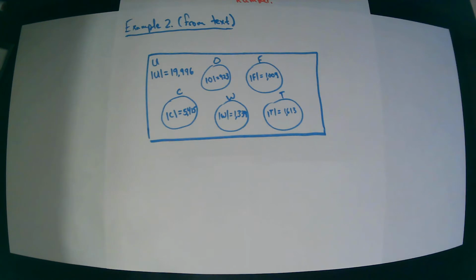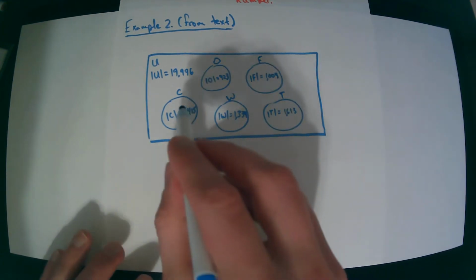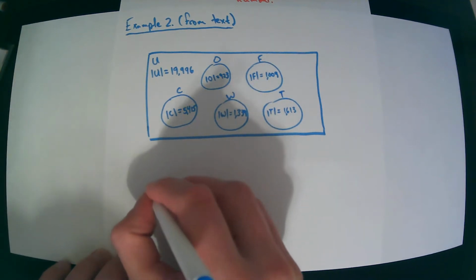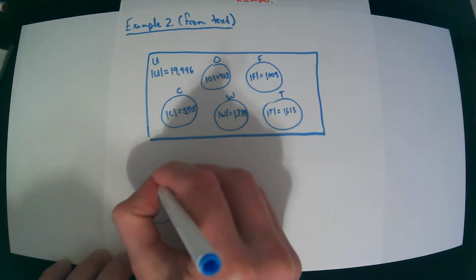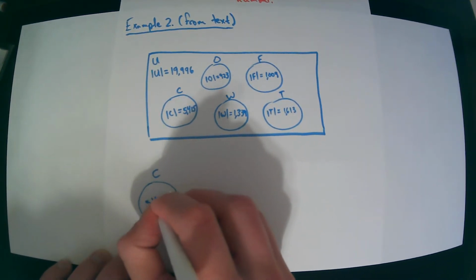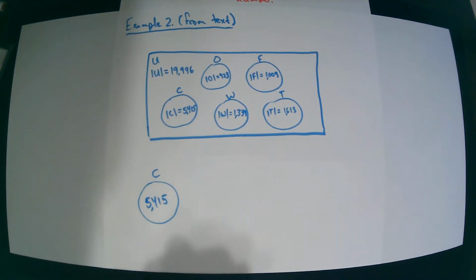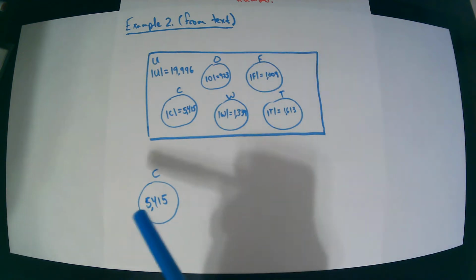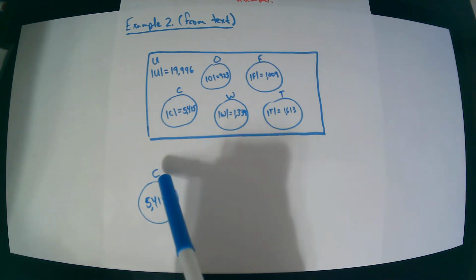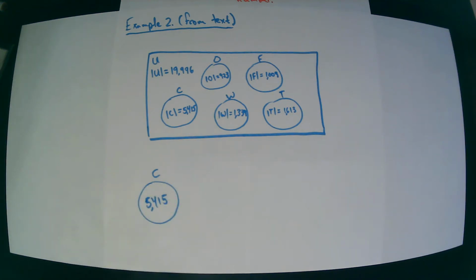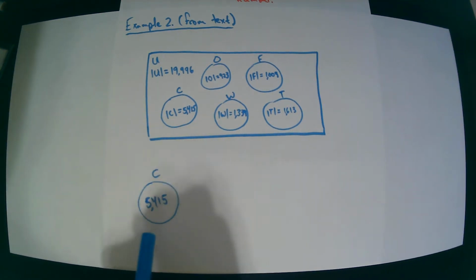Now, it would not be correct for me to write a C. For instance, why not just say C, and then just do this inside? Why is this not correct? Because this would mean that the set C has the element 5,415, that this is the only element of that set.